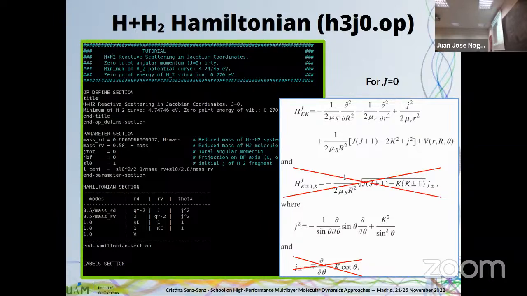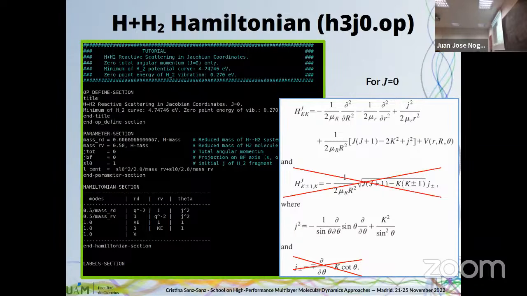Then we have the Hamiltonian itself. So basically, considering that this part would be 0, most of it, all this part of the Hamiltonian will be 0. But this J squared will be different, okay? So let's see how the Hamiltonian is written.